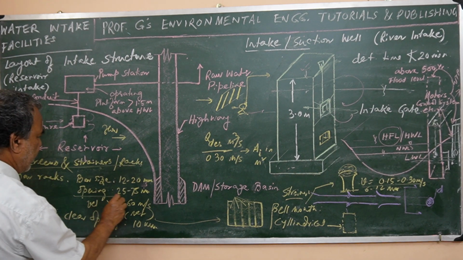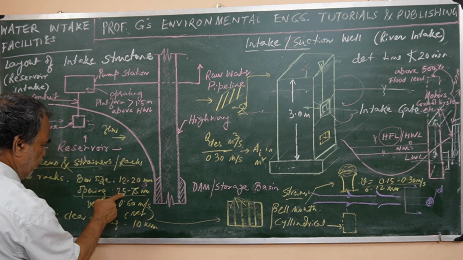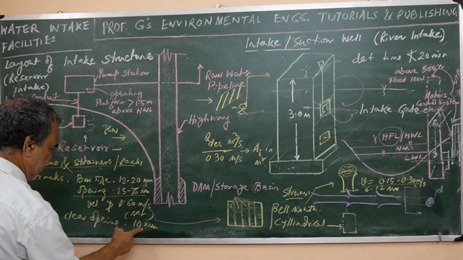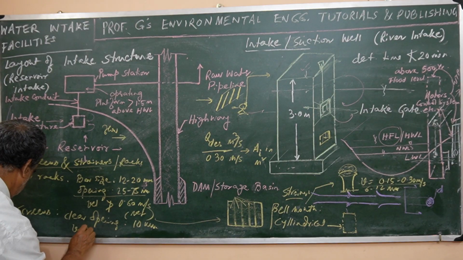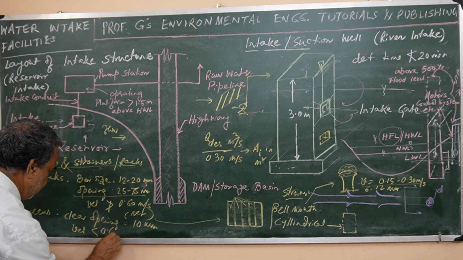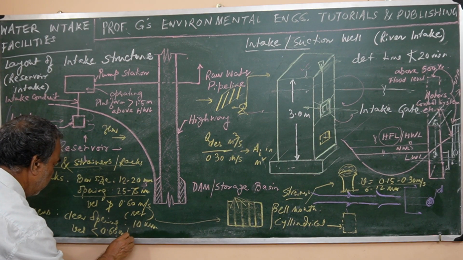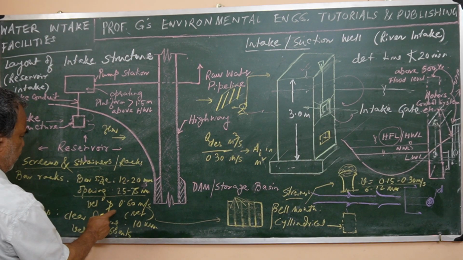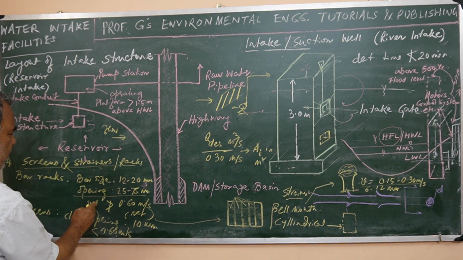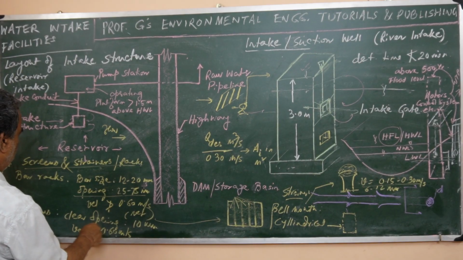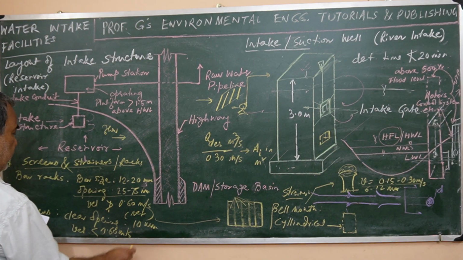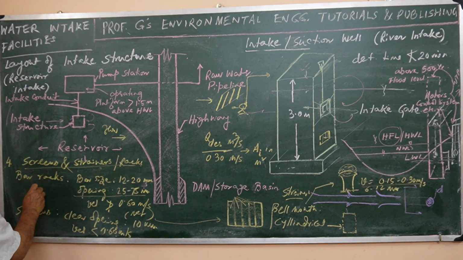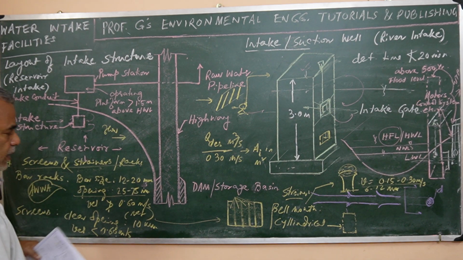You see that here the bar racks opening is much bigger, larger than this, and velocity 0.6. It should be less than the same. This actually should not be greater than, more or less same, meaning it is same. So this is referred by AWWA, American Water Works Association, right?